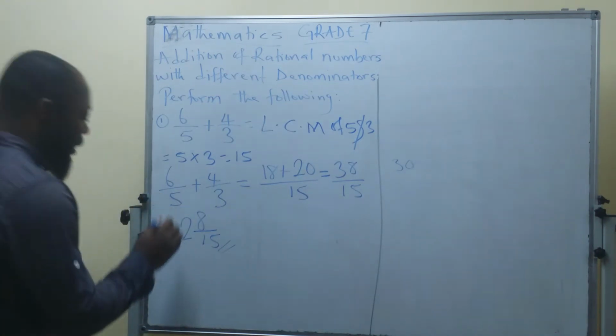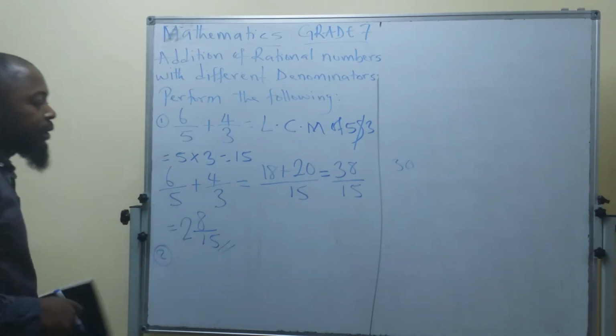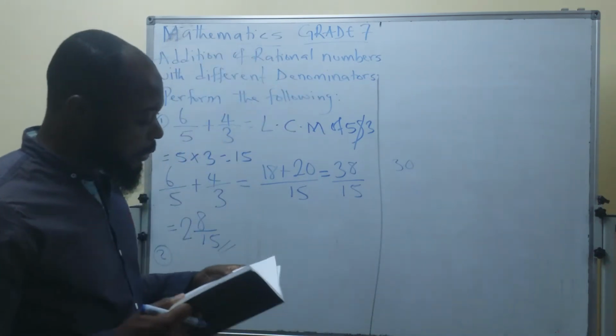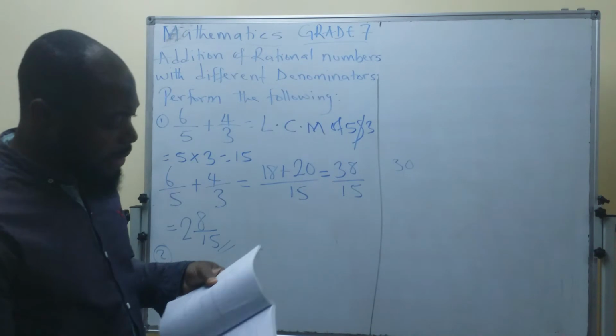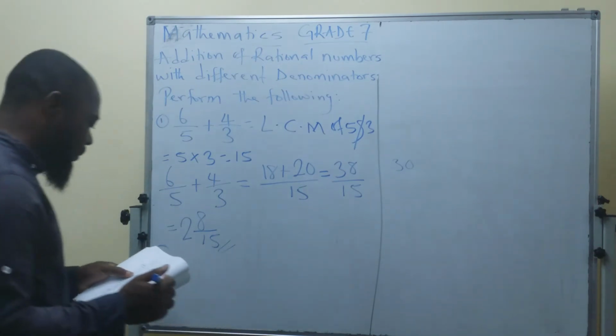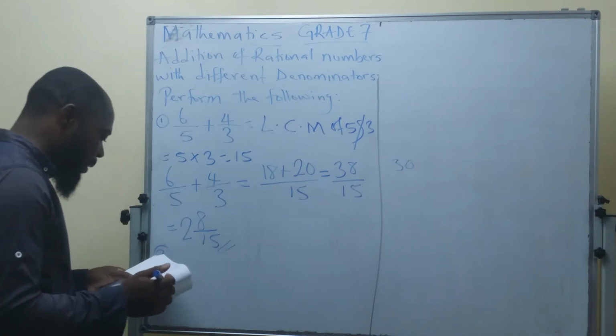So now let me give you a second question from the same textbook. Second question. Okay, this one is a little bit having a big number. Now we try to solve it together. Let's see.